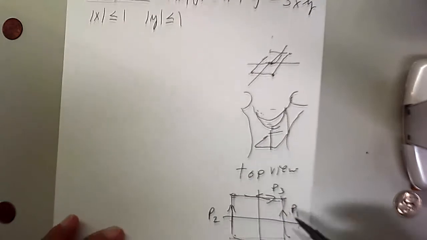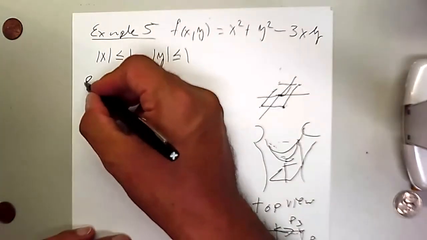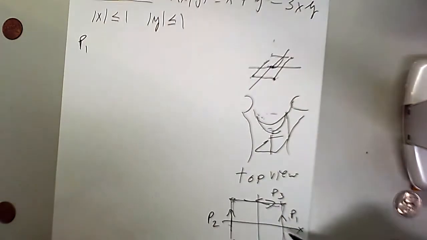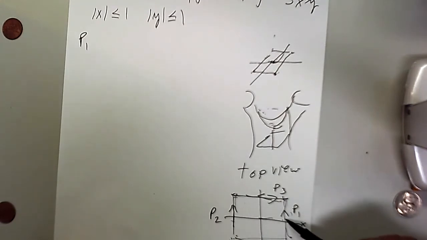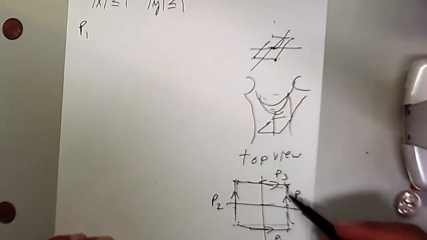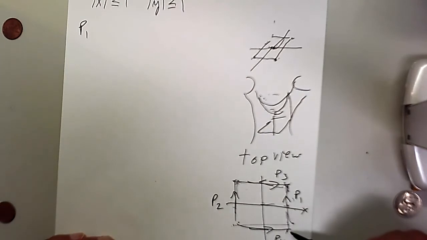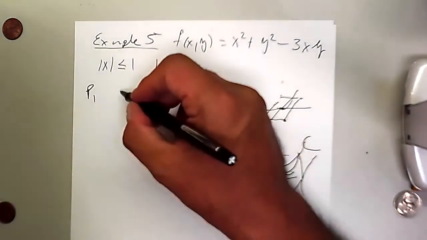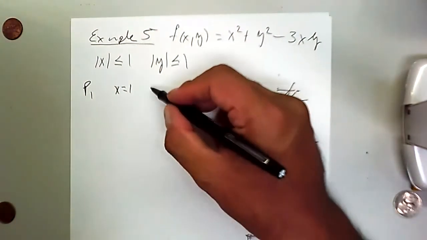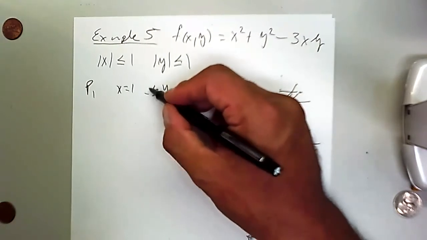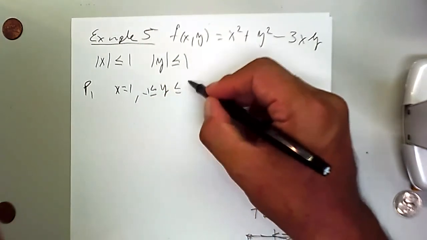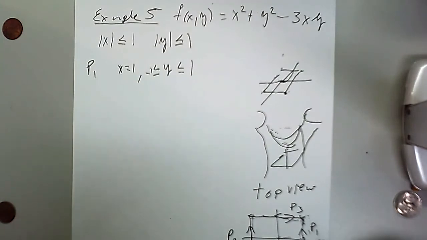Okay, so path 1, how do we know we have path 1? Well, the x value has to be 1, because all of those points have a 1 on the x value, and the y value varies from -1 to 1. So x is 1, and y varies from -1 to 1. That's path 1.